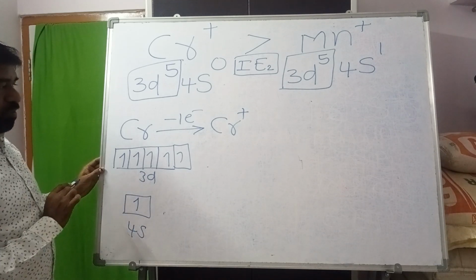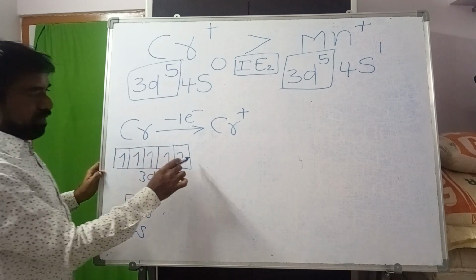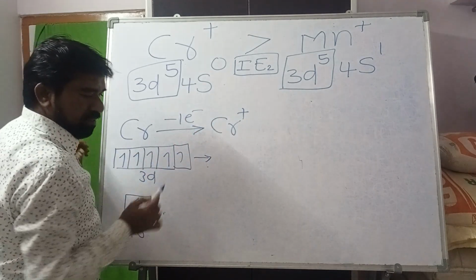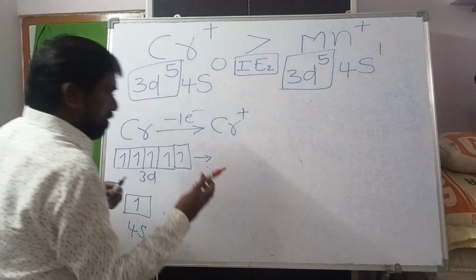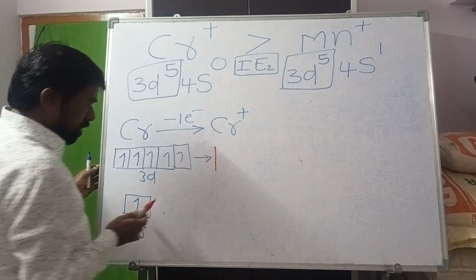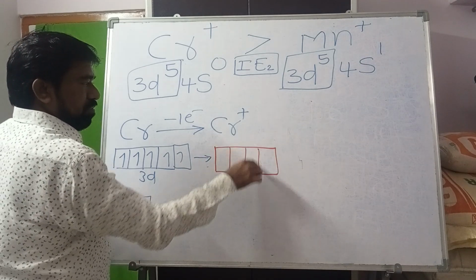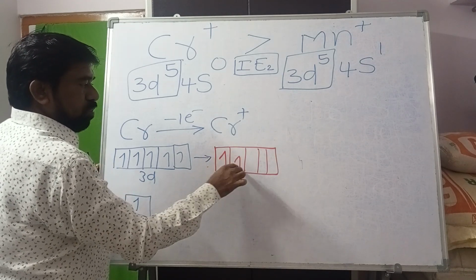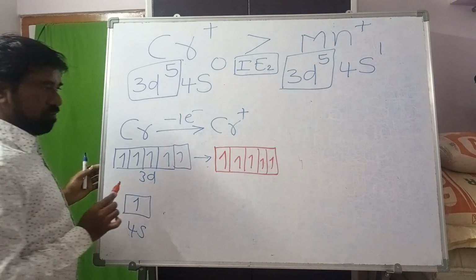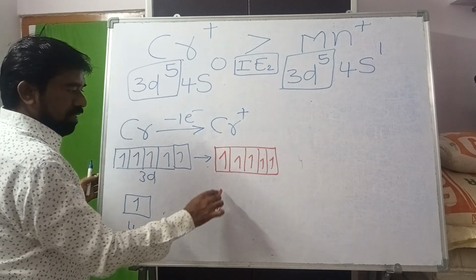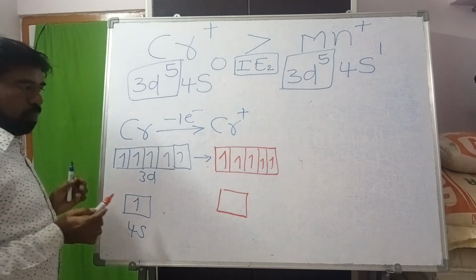Now when it is converted into chromium plus, this electron is lost. Now see here: 1, 2, 3, 4, 5 and the s orbital is 0.